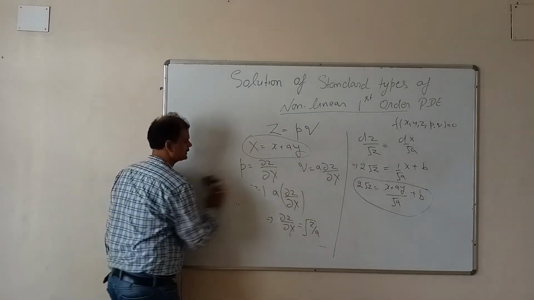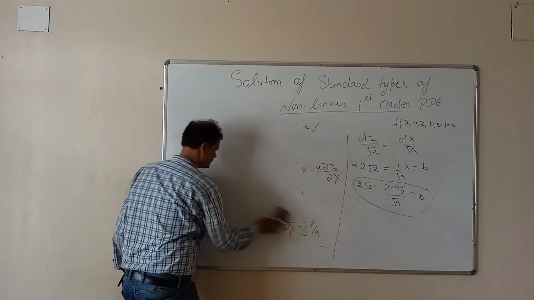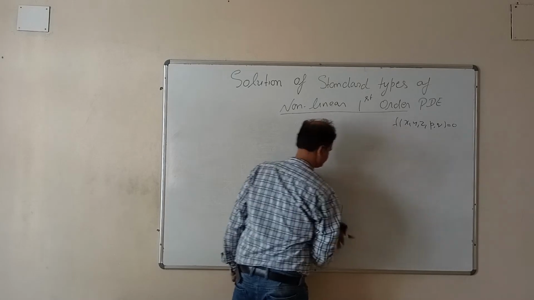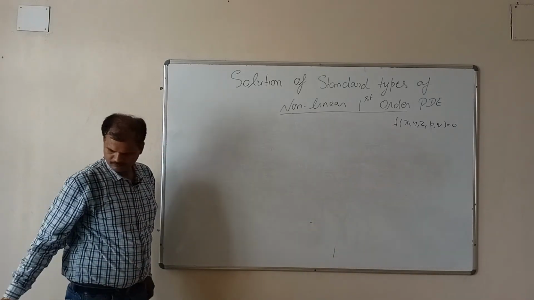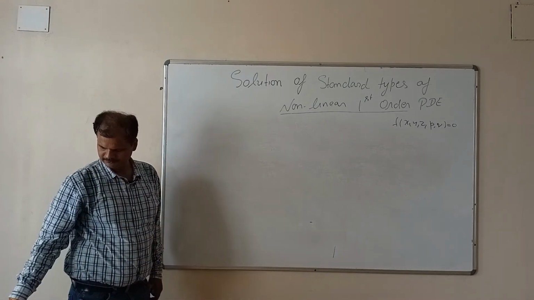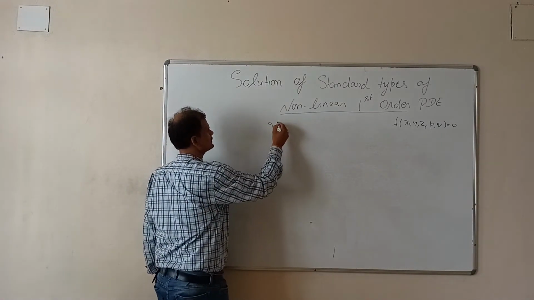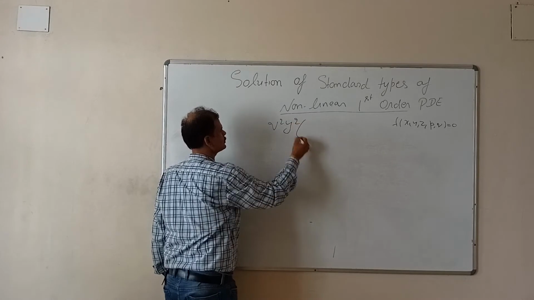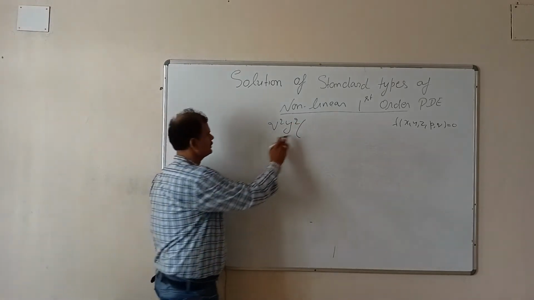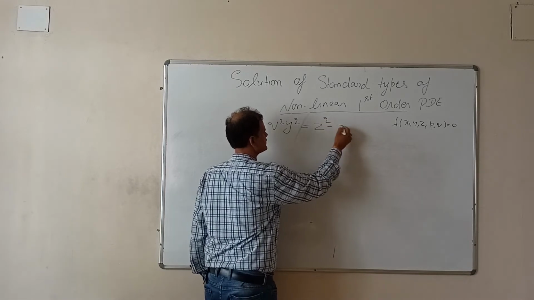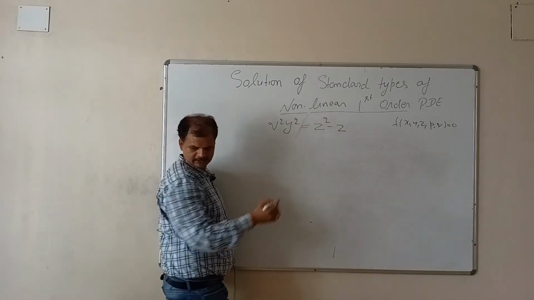Fine. Now I will take the third problem of this form: q square u square equal to z square minus z px.